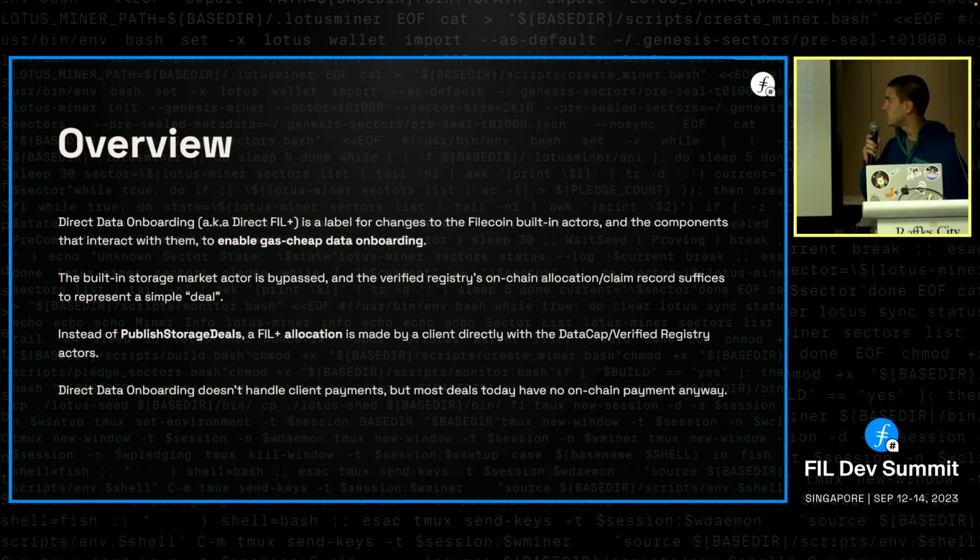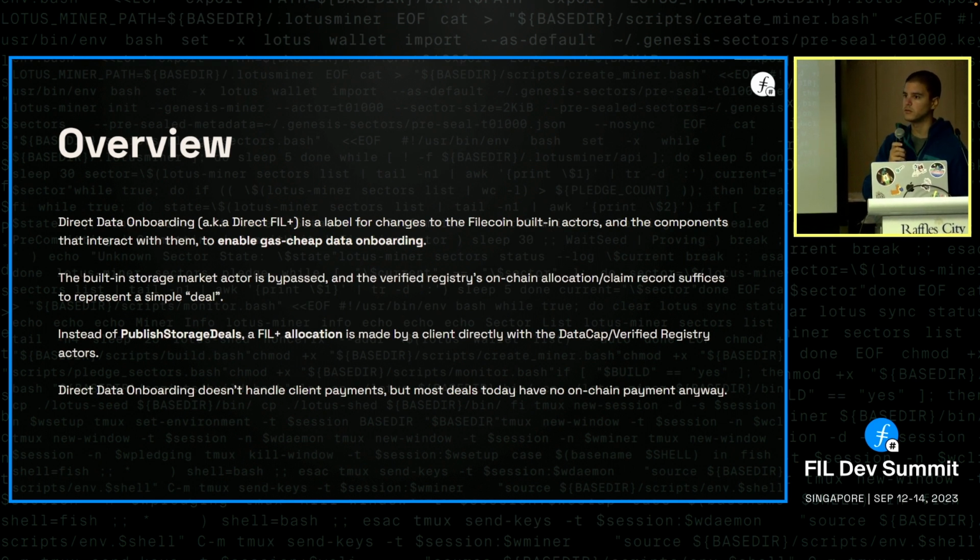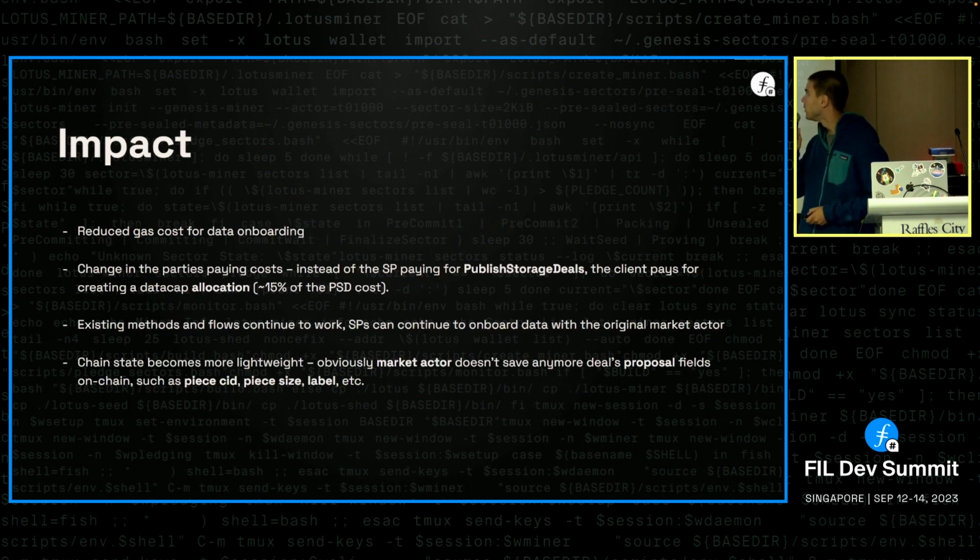Direct data onboarding doesn't handle any payments, but as you know, most of the deals today don't really do any on-chain payments. They are handled off-band from the network. So what's the impact? Basically reduced gas costs for data onboarding. This means cheaper operations for SPs.